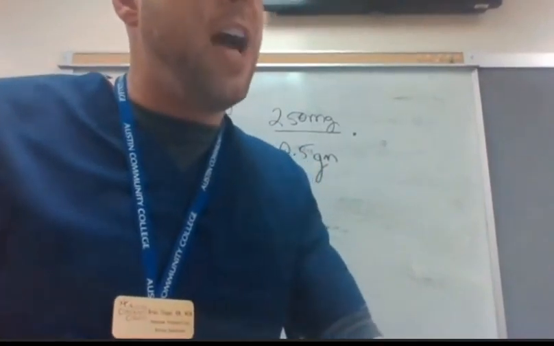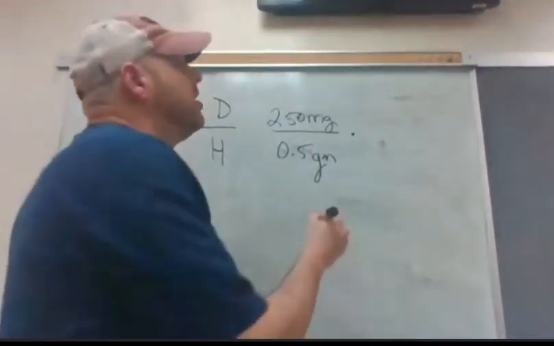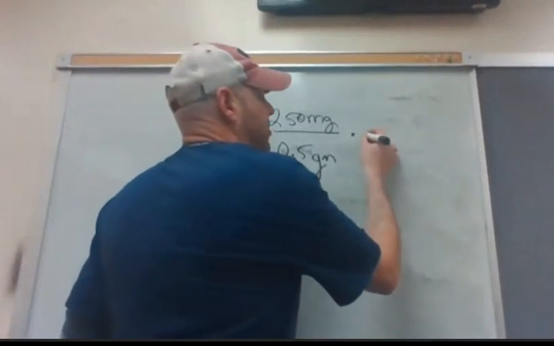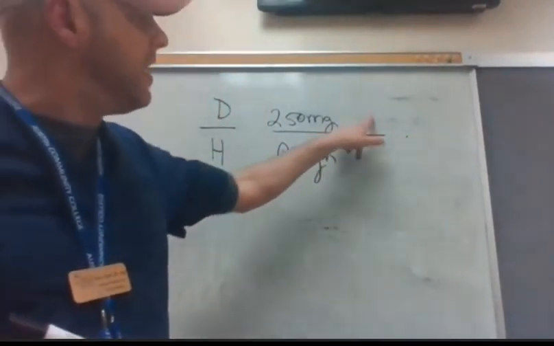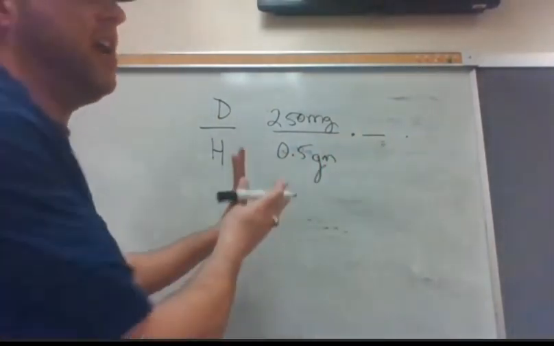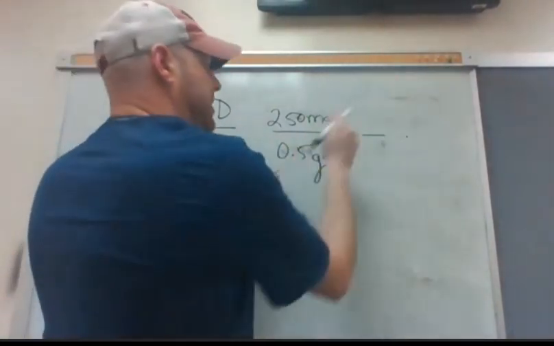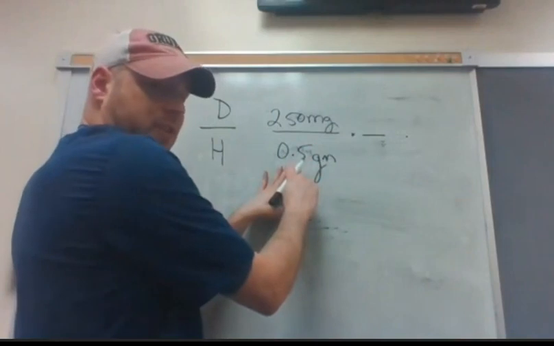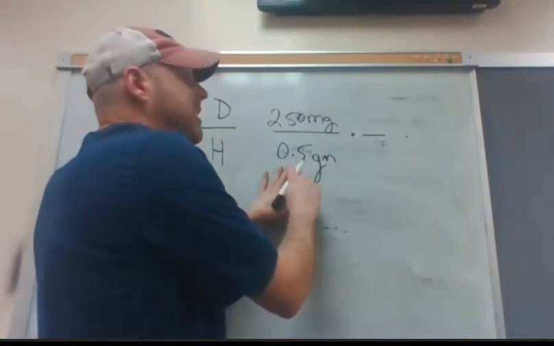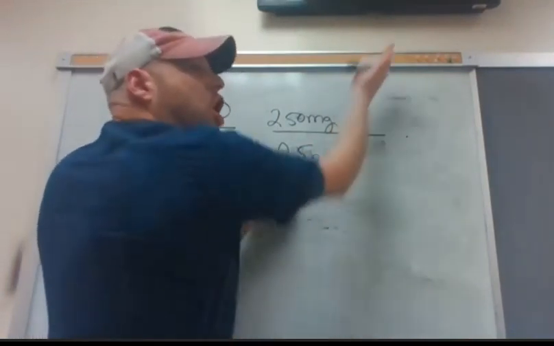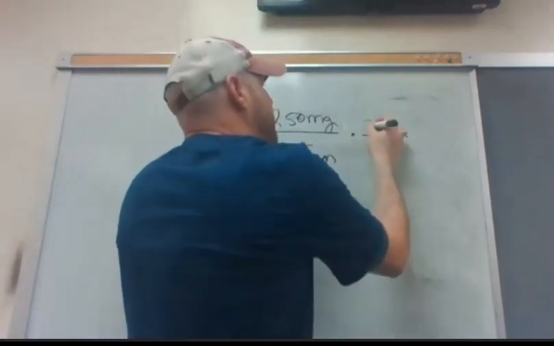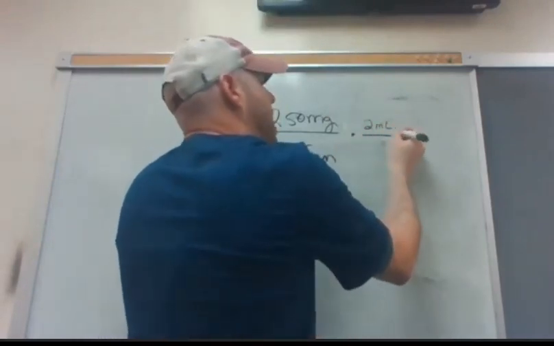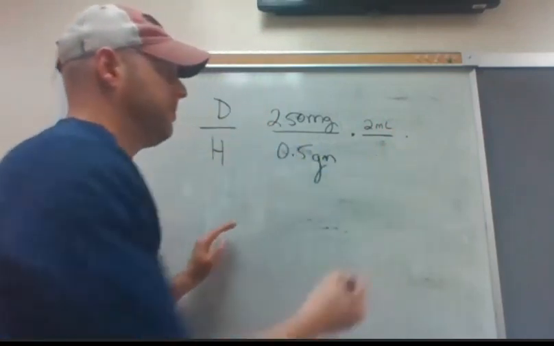Because it says in my math problem 0.5 grams per 2 mLs, correct? So where do I put the 2 mLs, at the top or at the bottom? It always has to go opposite, okay, from what you have on hand. So 0.5 gram per means opposite, and my 2 milliliters are now in my problem, correct?